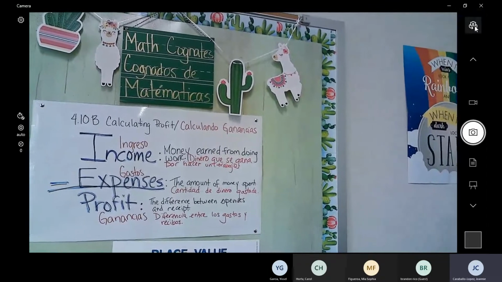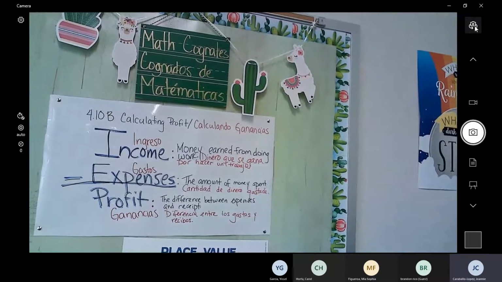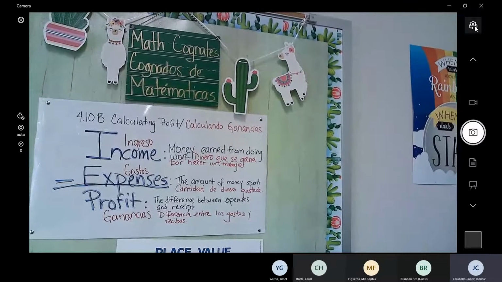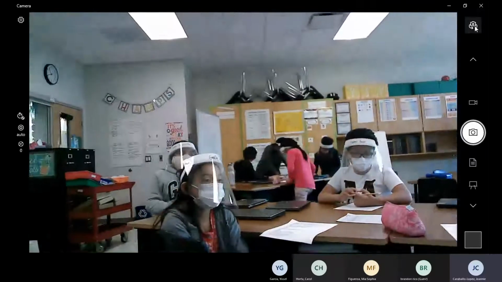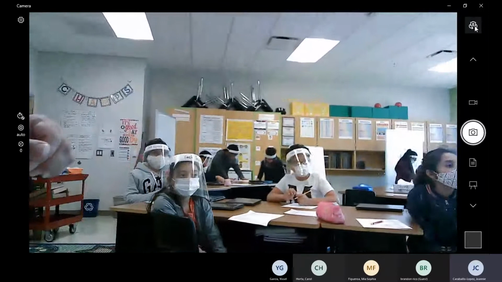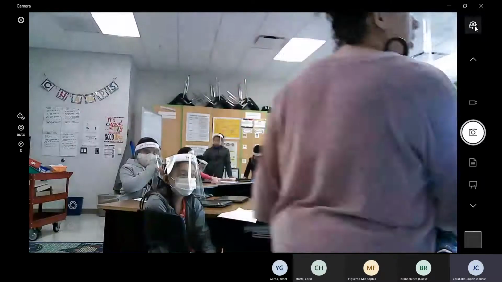My expenses are the amount of money I spent, whether it was on materials or something else. And then my profit is the difference between expenses and the receipt. So my profit is the money that I made after I subtracted the expenses, right? Okay, we're moving on.